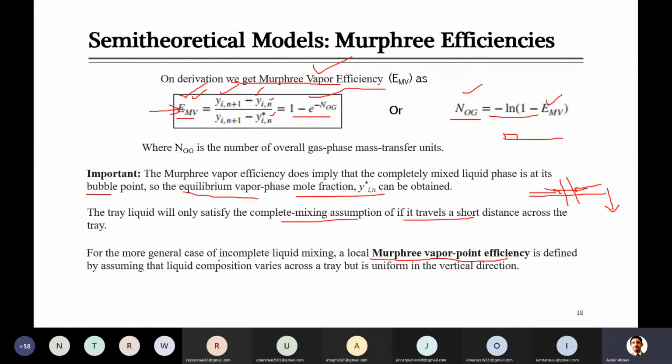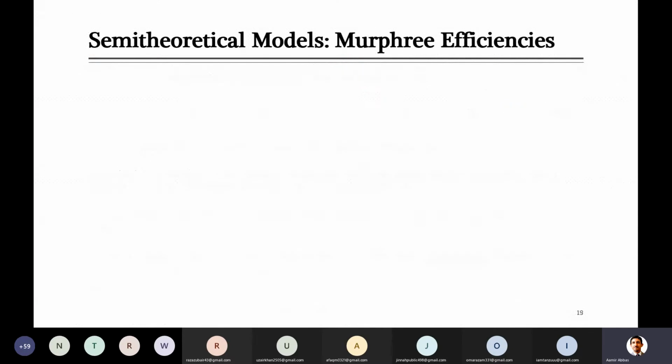And why do we go for this? When there is incomplete liquid mixing on the surface of the tray, Murphy and other scientists suggested that we can find it by using this equation given here, the Murphy vapor point efficiency.